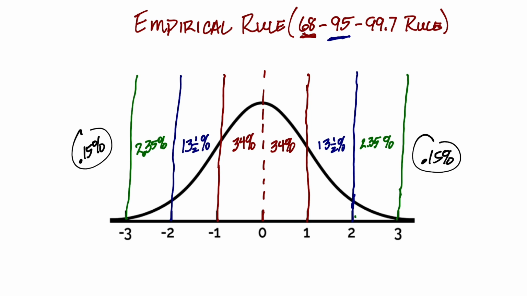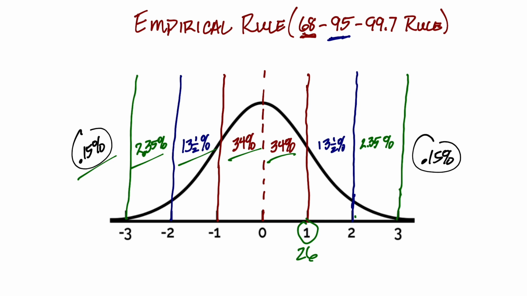But this makes it easy to figure out certain things, like our brother Ron, who was 1 standard deviation above the mean. So I could add up 34, 13.5, 2.35, and 0.15.